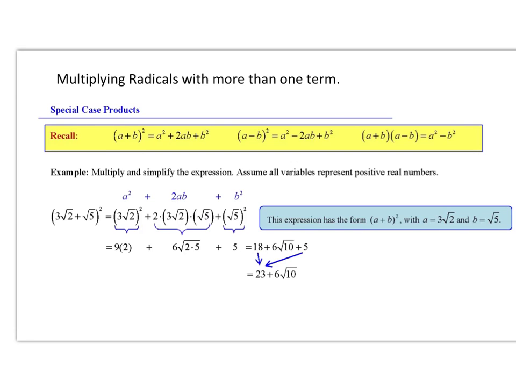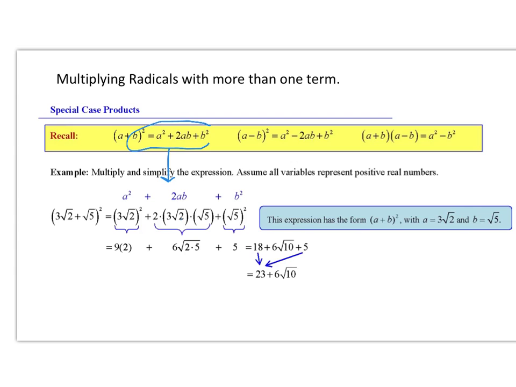And so we can apply this particular case down to this problem. So you'll notice that the 3 square root of 2 is just the a part, and we square that. And then there's 2 times a, which is 3 times square root of 2, times the b part, which is square root of 5, plus the b squared, which is square root of 5.